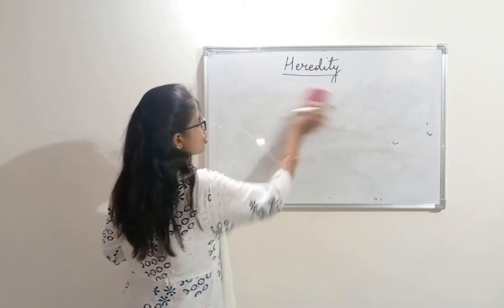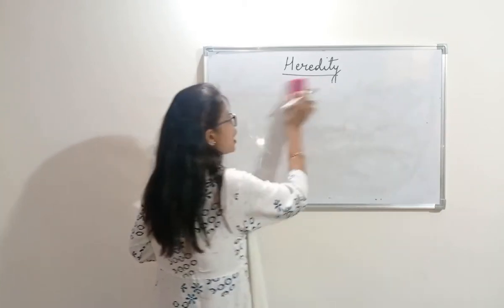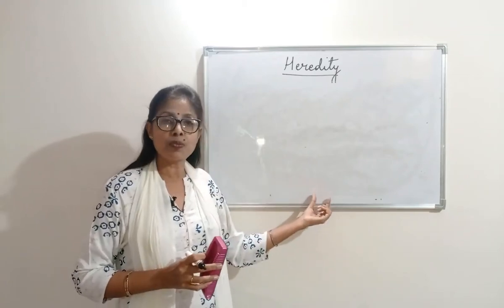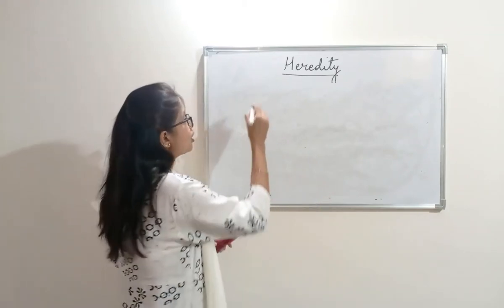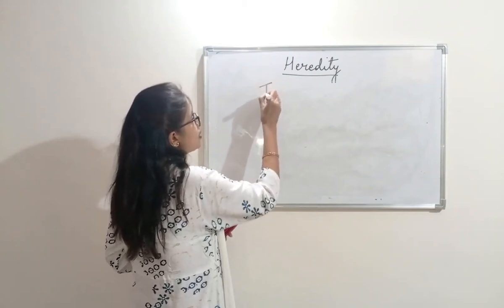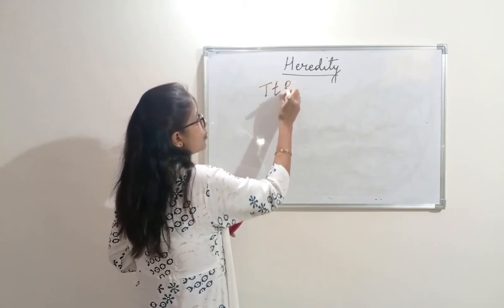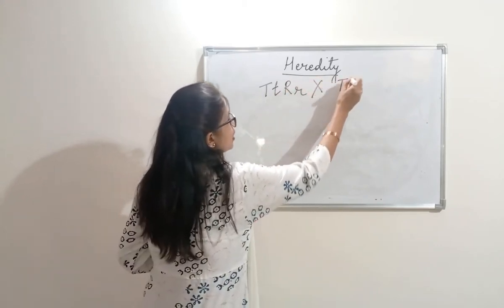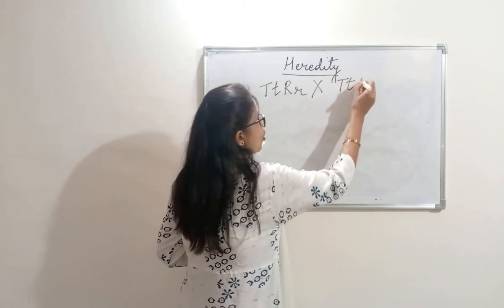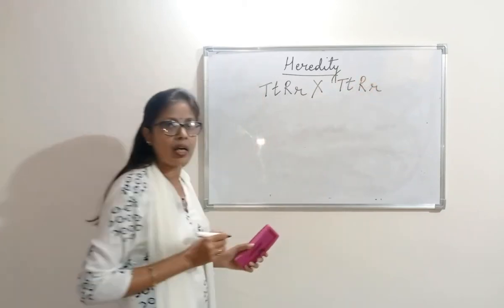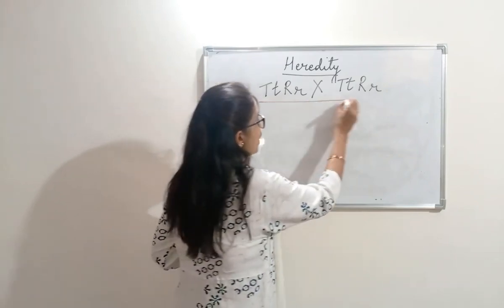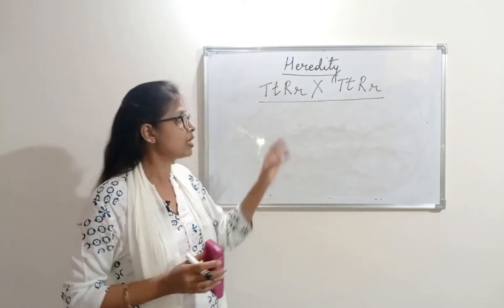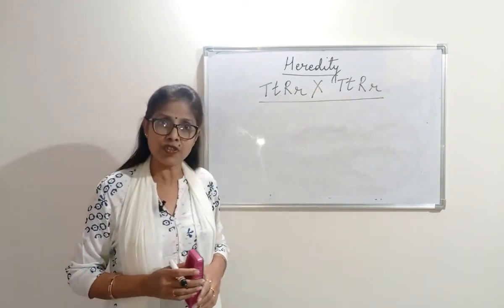In F2 generation, we take up the cross among the same offsprings, self cross. What did we get? We got capital T, small t, capital R, small r. And this was again crossed with capital T, small t, capital R, and small r. We don't use the term multiplied, we say it was crossed, self-crossed.